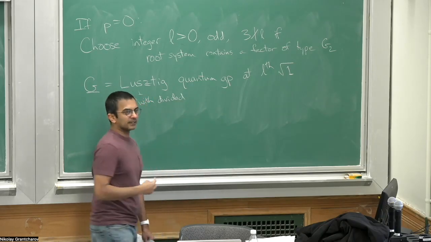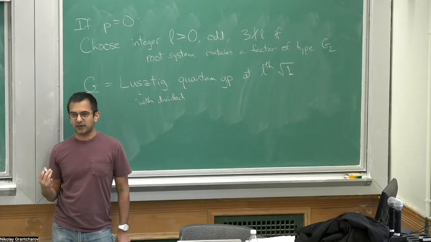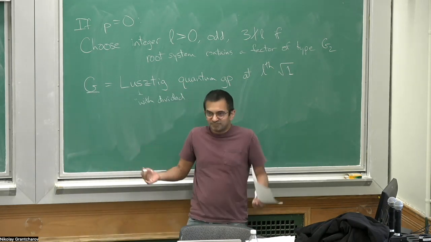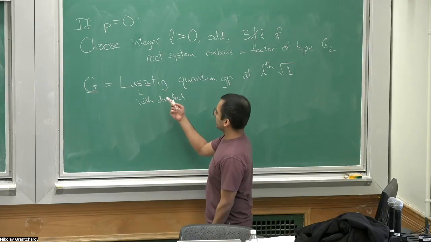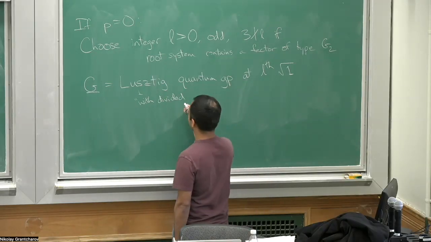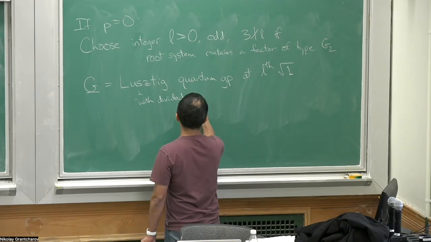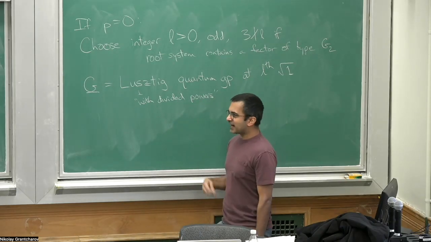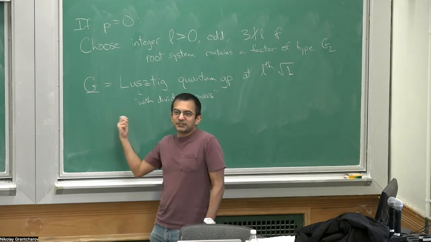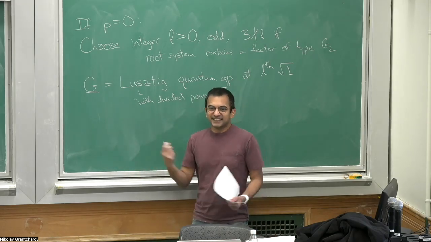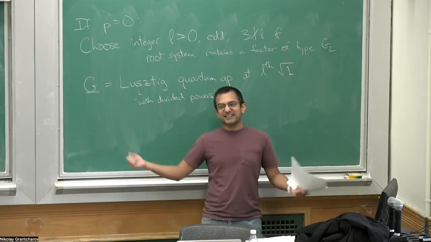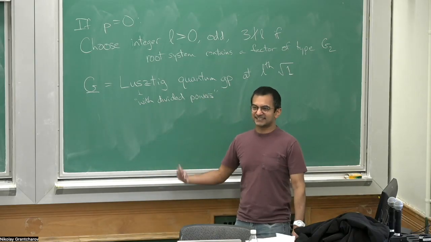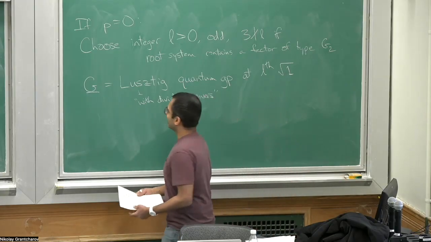When you want to specialize the quantum group at a root of unity, you need some algebra over the integers, and there are two kinds. There's the Lusztig form and the De Concini-Kac form, and this is the one with divided powers. A lot of papers, including ABG, in the intro write out the definition of a quantum group, and I don't want to do that because it's not really enlightening.